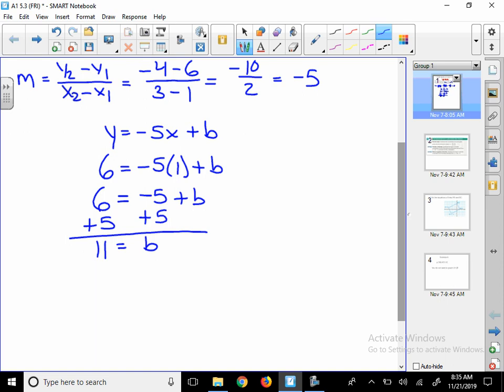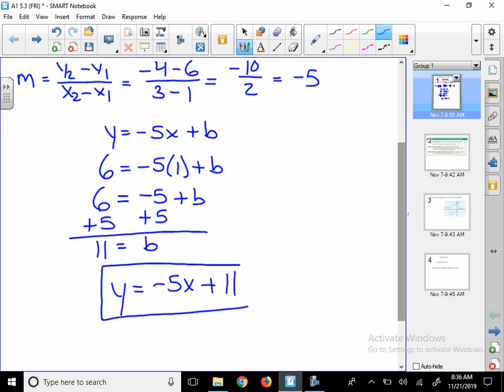The last step, once you have that b value, plug it in to your equation, give me the whole thing nice and neat, make it look good. So your final answer should be y equals -5x plus 11. And there's the equation of our line in that slope-intercept form, and everything looks great.